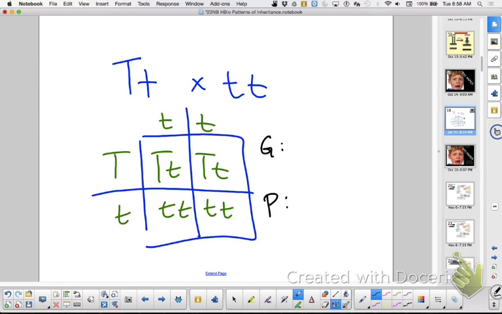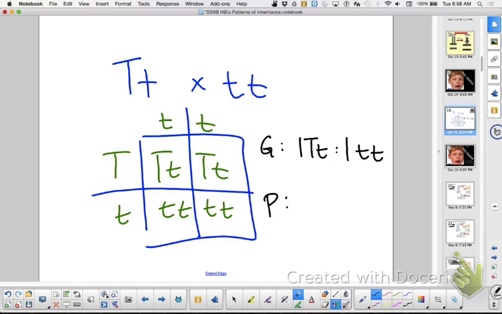So if there's two different genotypes, what's the first one I would write? One big T, little t, one little t, little t. I simplify it. There's only two different genotypes, and you don't need to write 2 to 2. You always simplify. That would be 1 to 1.